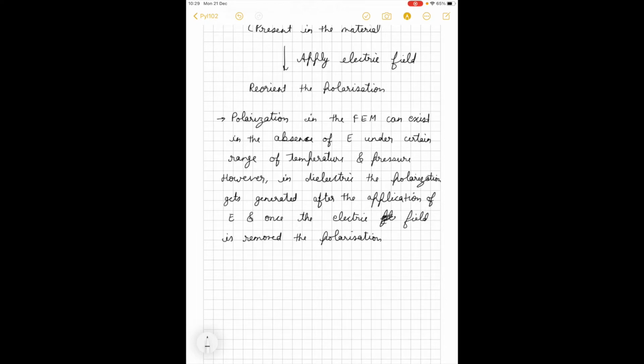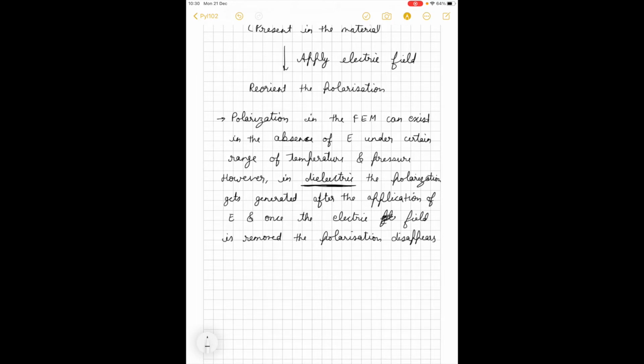This we already saw in the last lecture as well. All right, so this was the dielectric case, where polarization is only because of the electric field.